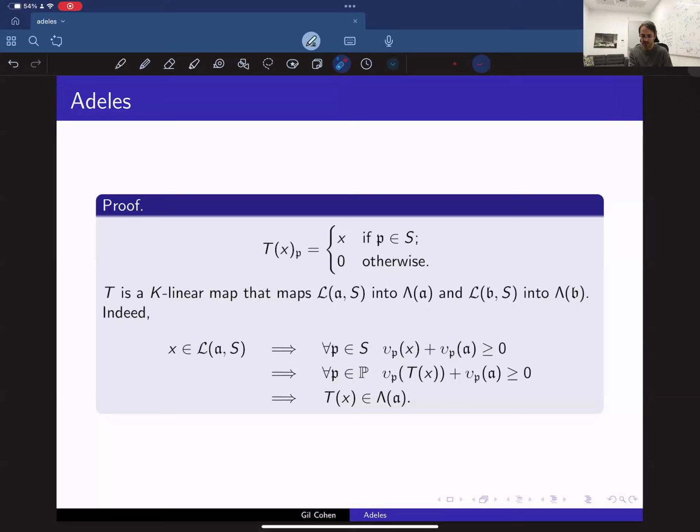So outside of S, the prime divisors which are not accounted for here, you have a 0, which means an infinite valuation, so this constraint is going to be satisfied. And within S, T of x is x, and so this implies that. And if you look at it for a second, this is precisely the ticket for T of x to be in lambda of A.